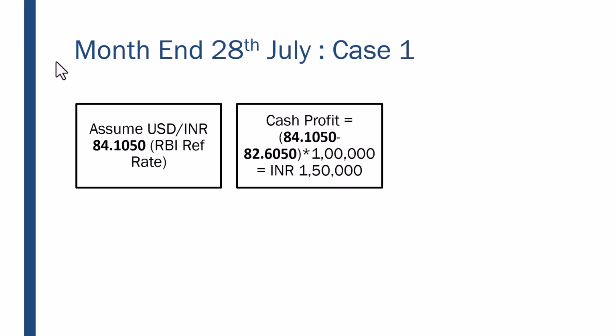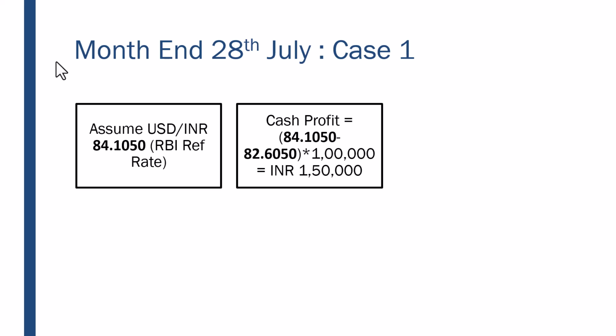Okay. Now, so you will be making a cash profit. 84.10 minus 82.6050, at which you bought it, but on the day of 28th of July, the price has gone up. The stock exchange will pick up the price quoted by RBI, and that price will decide whether you are making money or losing money. So here you are making money. How much? 1,50,000. So in your account you will get 1,50,000 rupees.